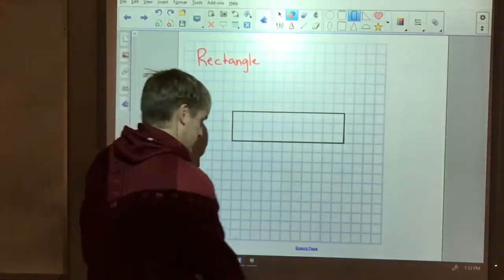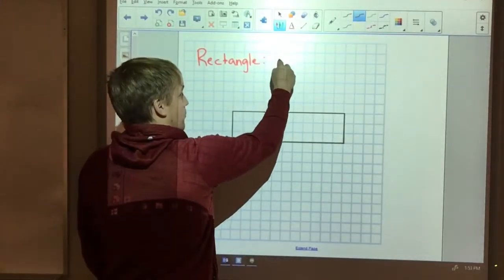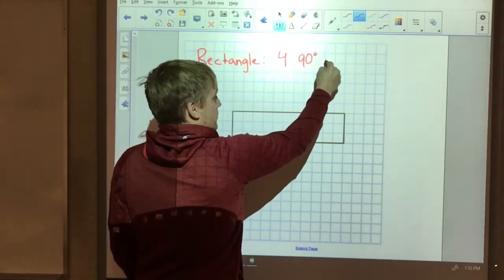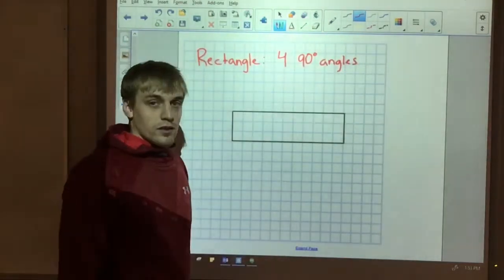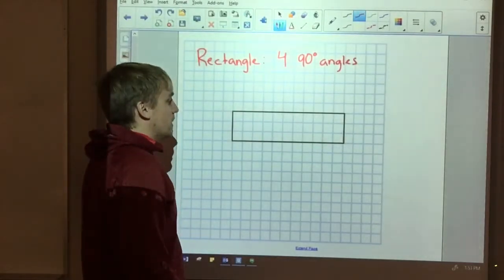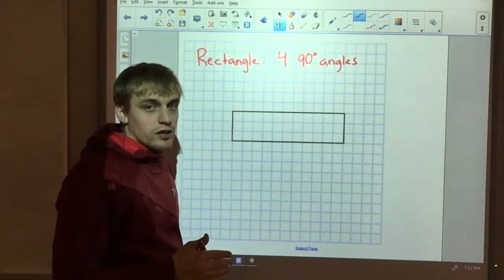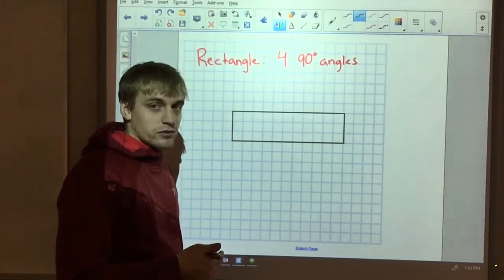It has four 90-degree angles. But not all sides are the same. It has 4 sides with four 90-degree angles, but not all the sides are equal.